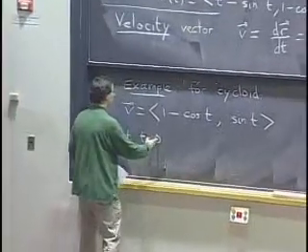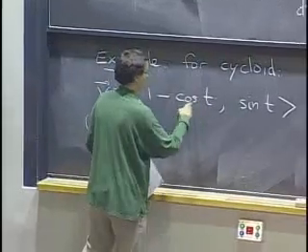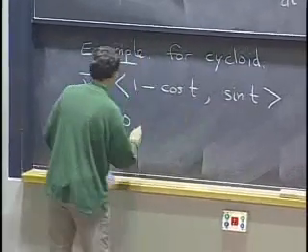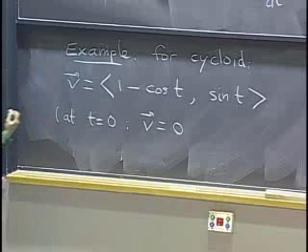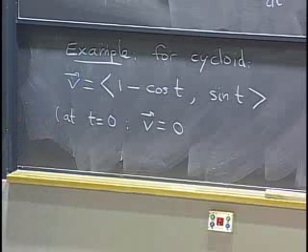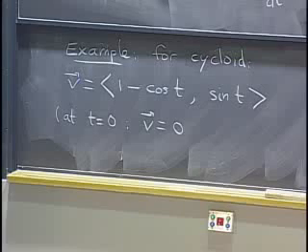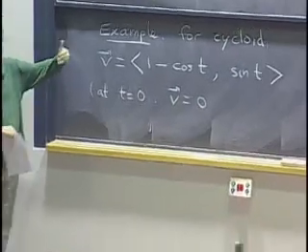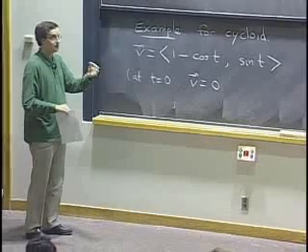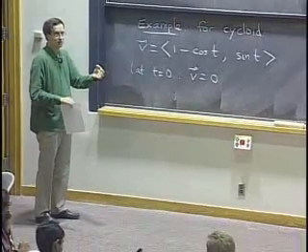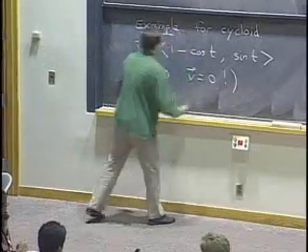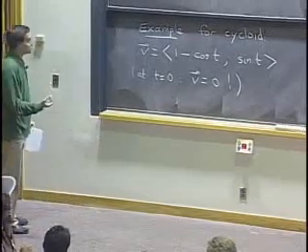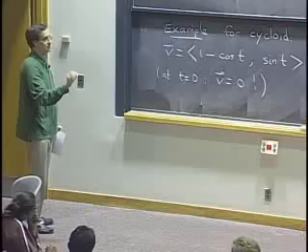If I plug t equals 0 in here, then 1 minus cosine t is 0, sine t is 0, the velocity is 0. So at that particular time, our point is actually not moving. Of course, it's been moving just before and it starts moving just afterwards. It's just that at that particular instant, the speed is 0. So that's a slightly counterintuitive thing, that something is moving and at that time it's actually stopped.